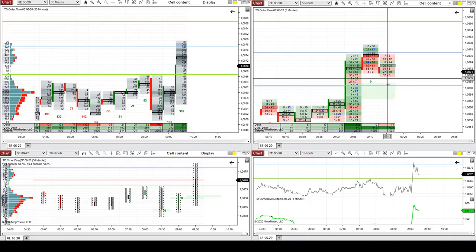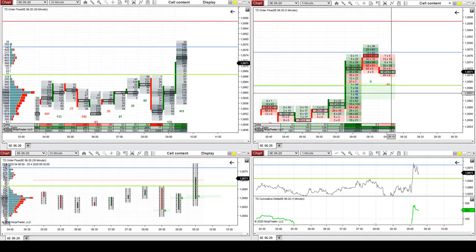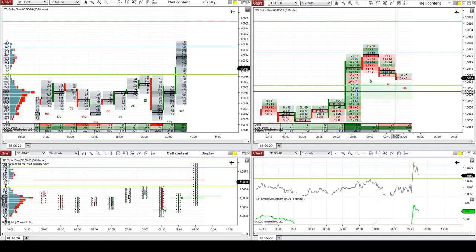Delta turns negative, there's selling imbalance in here. More sellers jumping in. Negative delta. For the first time since the price hit this resistance, there's negative delta in this footprint.